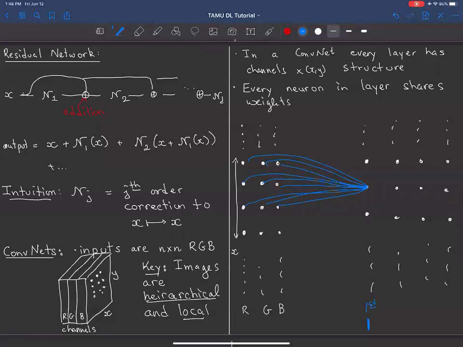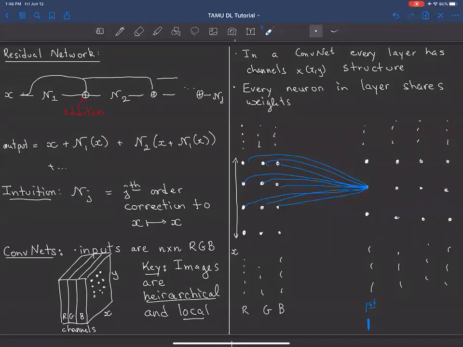So the wiring diagram is that things are locally connected. This represents a localized area of space, and this represents a localized area of space. They're both X coordinates. And the wiring of these blue wires I have here, if I were to draw the same wires for this neuron, would literally be the same. And this means that every neuron in this first channel is looking for the same pattern, but in a different part of the data set.